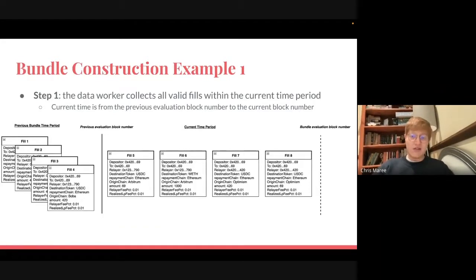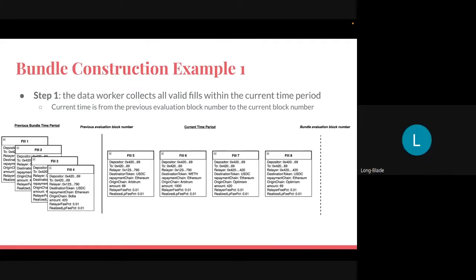So they add in an invalid component within a set of other fills. In that case, all of the fills are considered invalid until you can provide a bundle that excludes the invalid fill. So that one where you're trying to steal money from the system needs to be excluded, and only when that's excluded can the rest of the fills be executed. Does that answer your question?